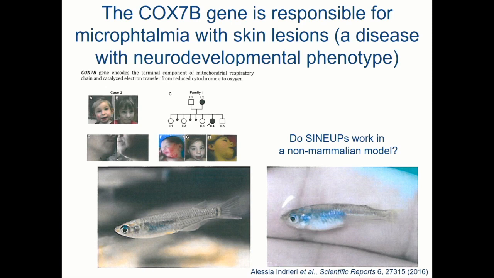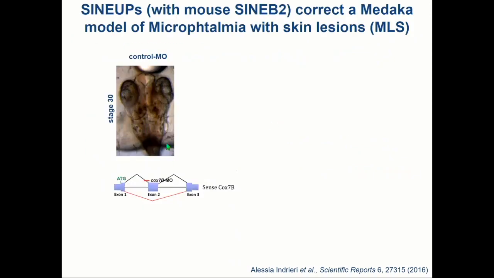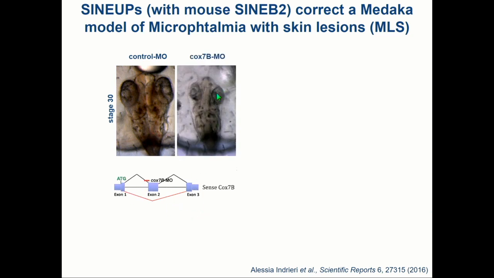And they studied COX7B, which is responsible for microphthalmia with skin lesions, using the Medaka fish. And the model is this. So they put a morpholino to inhibit splicing, leaving about 30% of wild-type RNAs, and about 70% of RNA bypasses exon 2, causing a non-functional protein and actually a very strong phenotype.